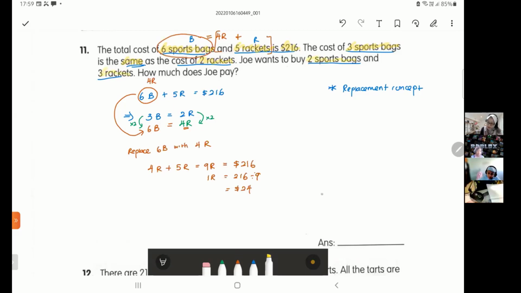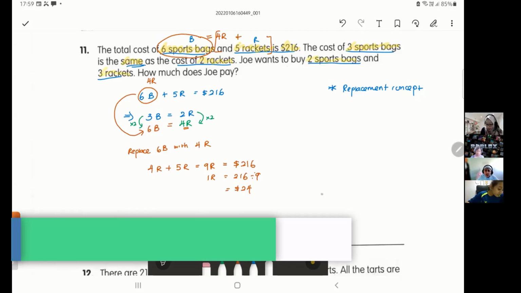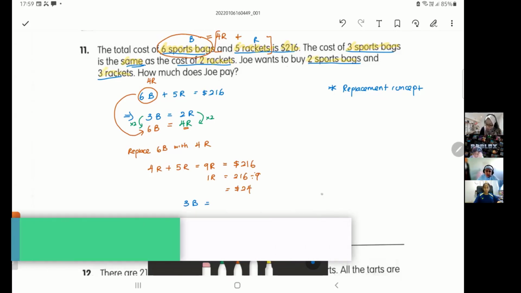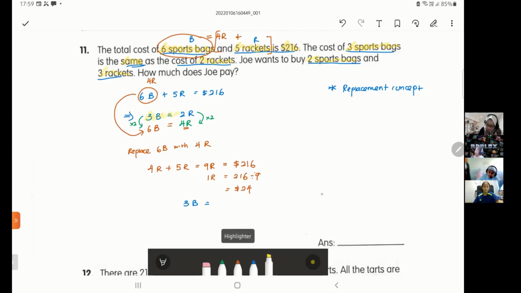Okay, then if you look at the question, he wants to buy 2 sports bags and 3 rackets. So the issue here is, can I find the cost of 3 bags? Remember just now we have 3 bags is equal to 2 rackets. That one, right? And I know that 1 racket costs 24. So for 3 bags, it equals 2 rackets.